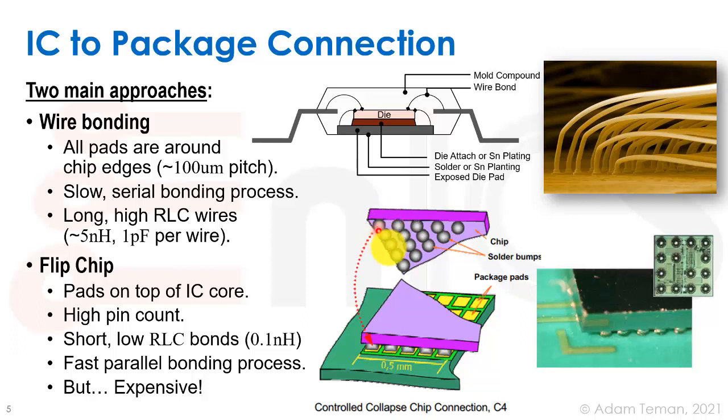And we can put all these bumps all over the chip itself. And these touch the die, and then we flip it over, and on the substrate we have this array of landings that the solder bumps fall right onto. So we just heat it up, and the solder will melt and connect to the pads over here.